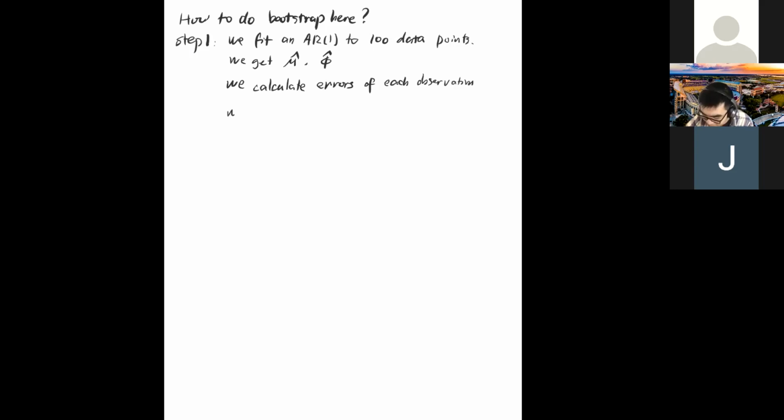That is W_t hat equals X_t minus mu hat minus phi hat times (X_{t-1} minus mu hat), from t equal to 2 to 100, because we do not know x0. So we cannot get W1 basically. So we get W2 hat, W3 hat, all the way to W100 hat.